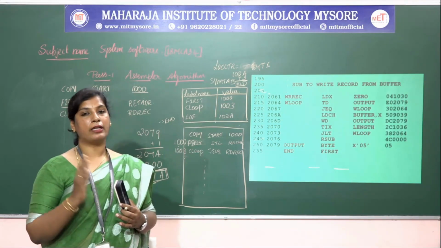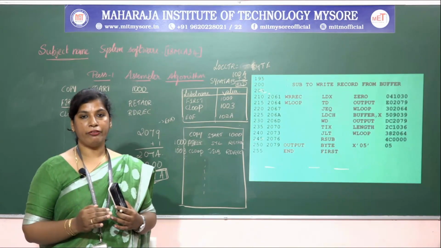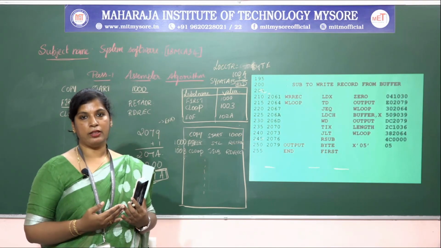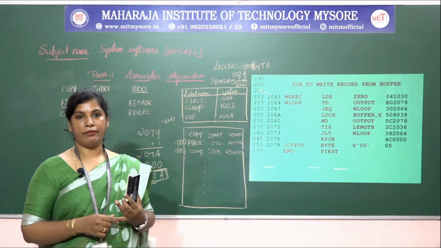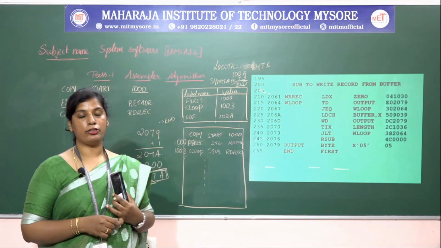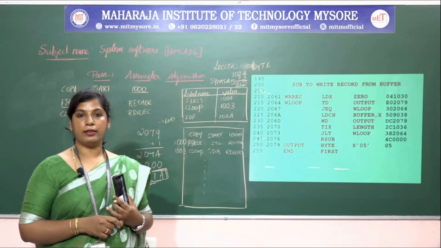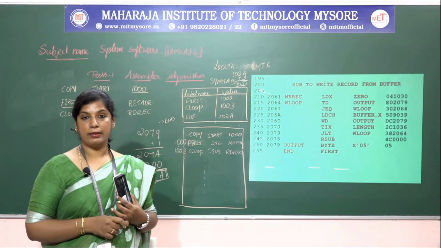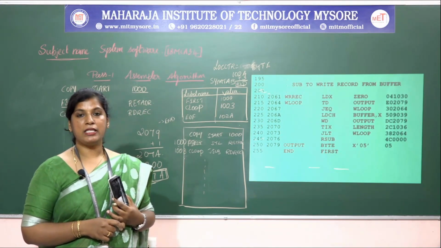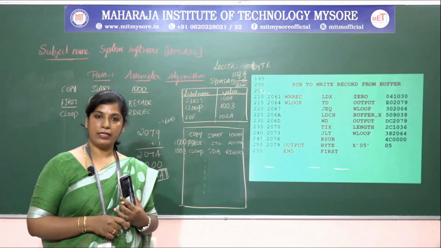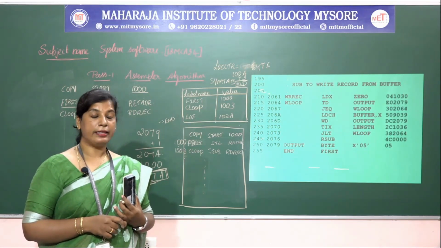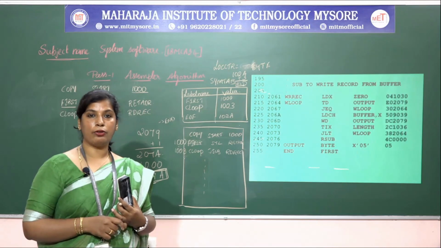The label field is for constructing the symbol table, and the mnemonic field is checked for whether it is a valid mnemonic or not. First it gets any symbol in the label field and searches the symbol table for that label. If it is present, it sets the error flag; otherwise it enters that symbol name into the symbol table along with the location counter value.